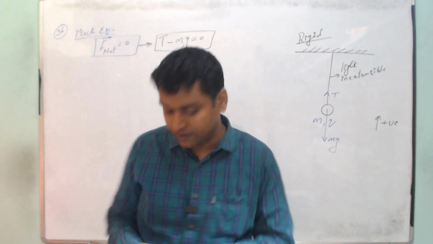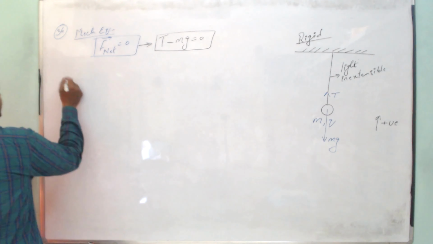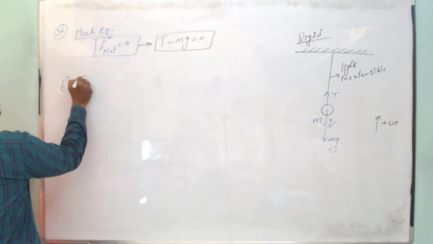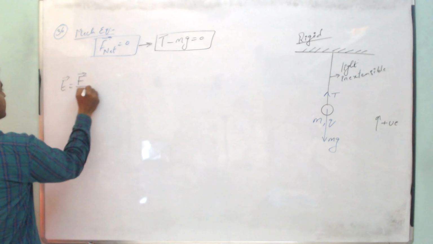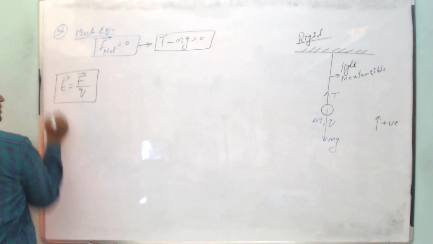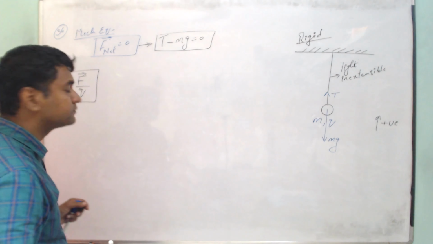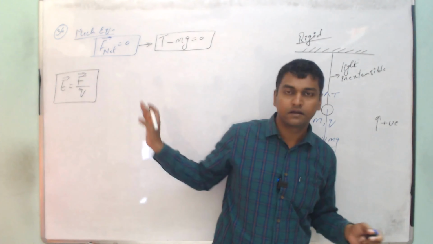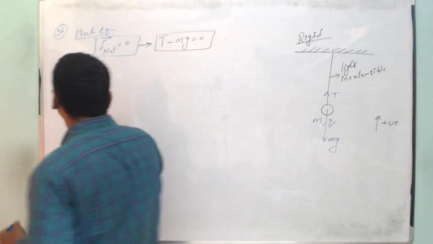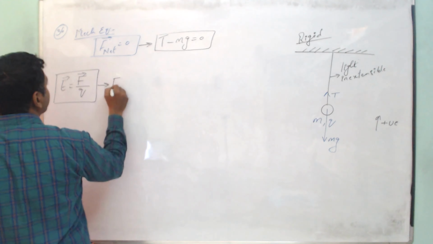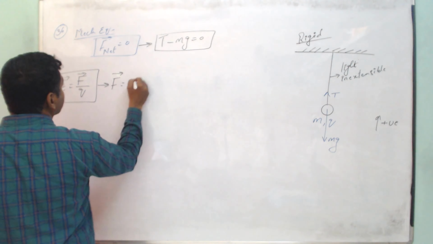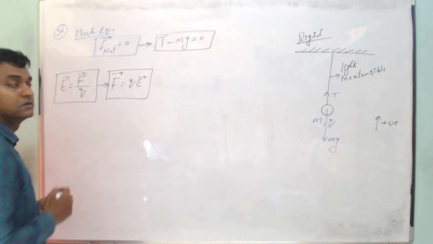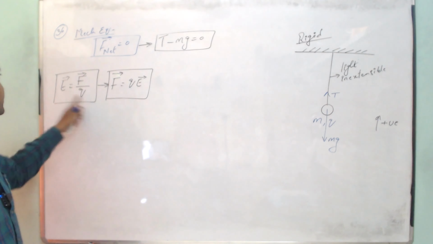For example, if you remember the definition of electric field, electric field E bar is nothing but force F bar divided by the test charge, which I am writing as Q only. By cross multiplying, can I say F bar is equal to Q times E bar? Yes, I just cross multiplied this.